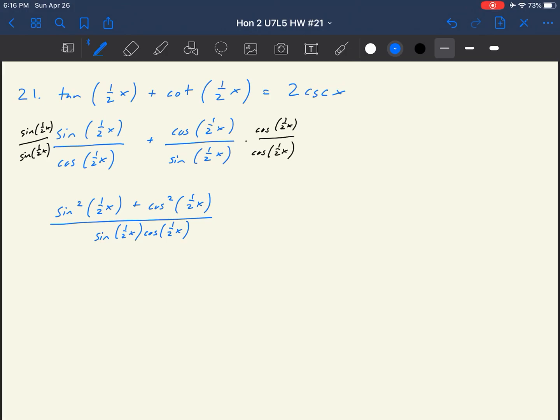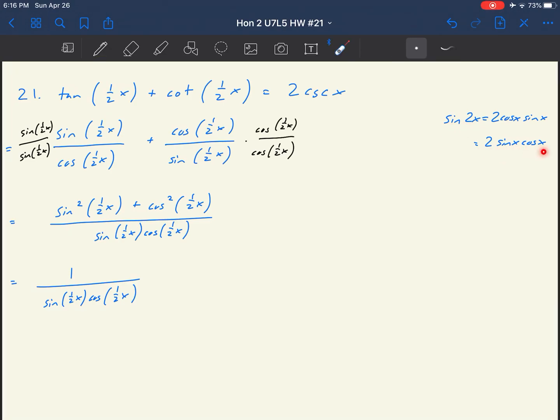I should really be writing equal signs. This is all the left-hand side, so this is equal to 1 over sine half x cosine half x. Now, think about this. We have this identity already on the right side that sine 2x is equal to 2 cos x sine x, or more conventionally, 2 sine x cos x.